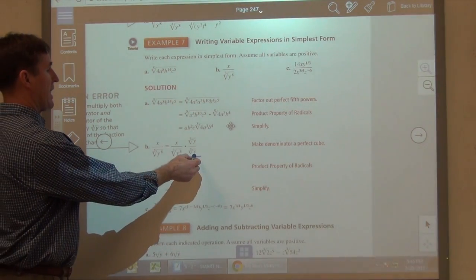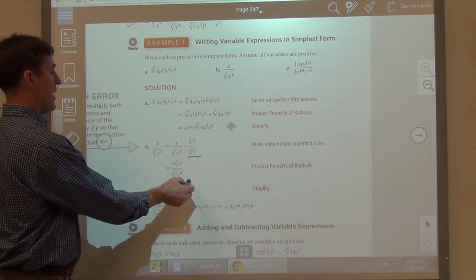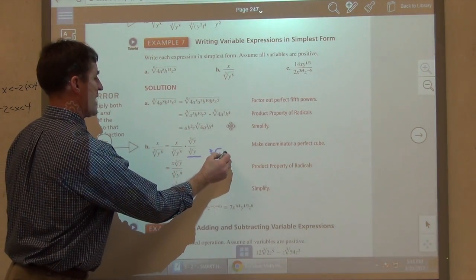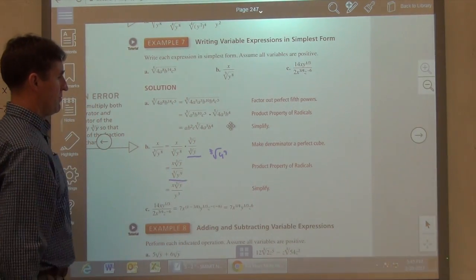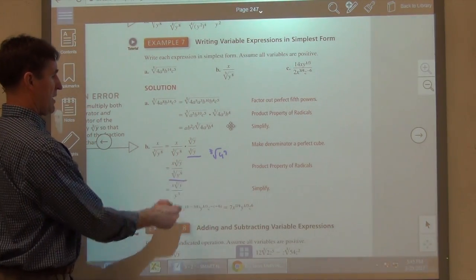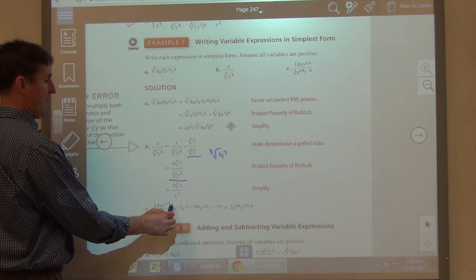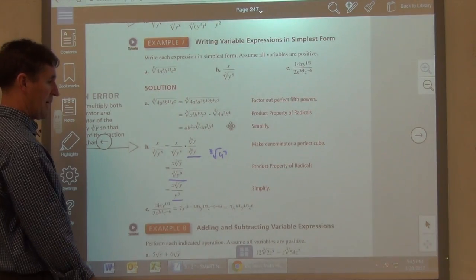So we multiply by the cube root of y over the cube root of y, and now when you multiply, you get the cube root of y to the 9th, which they have here, and on top, x times the cube root of y. Then again you just divide. 9 divided by 3 is y to the 3rd, and you're done.